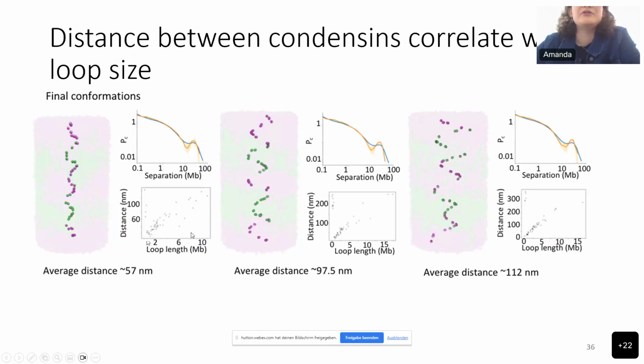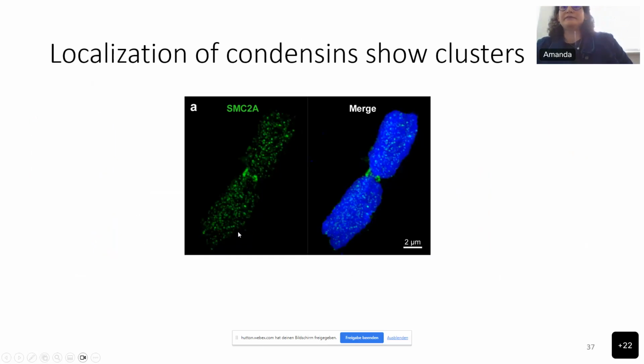So the bigger the loop, the more distance these condensin complexes need to be from each other. And so we wanted to check back in microscopy if this would be true for chromosomes.